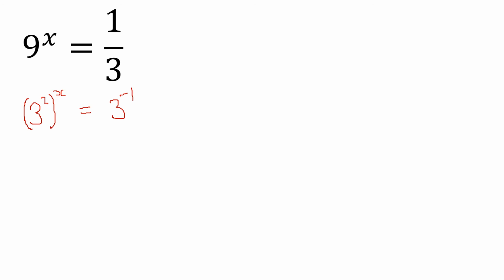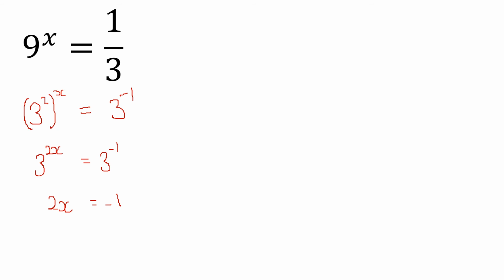So we're not quite in our simplest form, so we just need to expand out the bracket. So we could do 3 to the power of 2x is equal to 3 to the minus 1, and now our bases are the same, it's all been simplified, so we can just write it as 2x is equal to minus 1, and then we just rearrange to find the value of x.